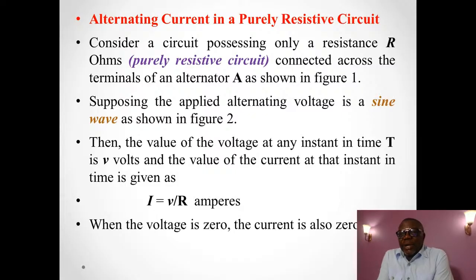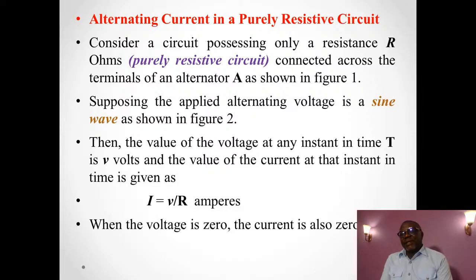So today, we are going to consider three of them: the purely resistive circuit, the purely inductive circuit, and the purely capacitive circuit. Then we will look at when a circuit contains three of them or any combination of two of them.